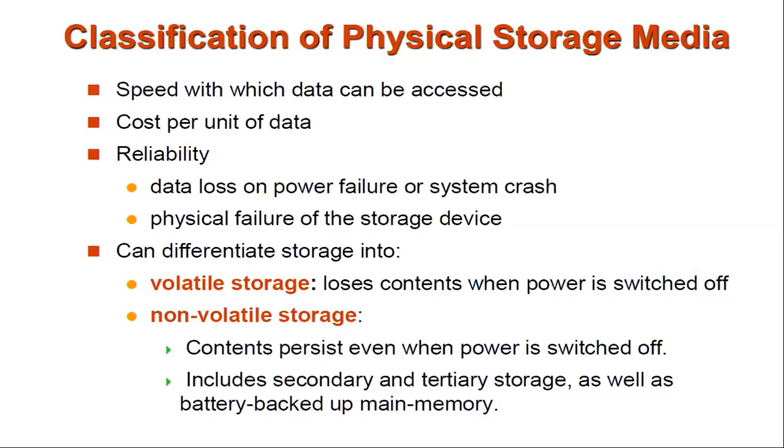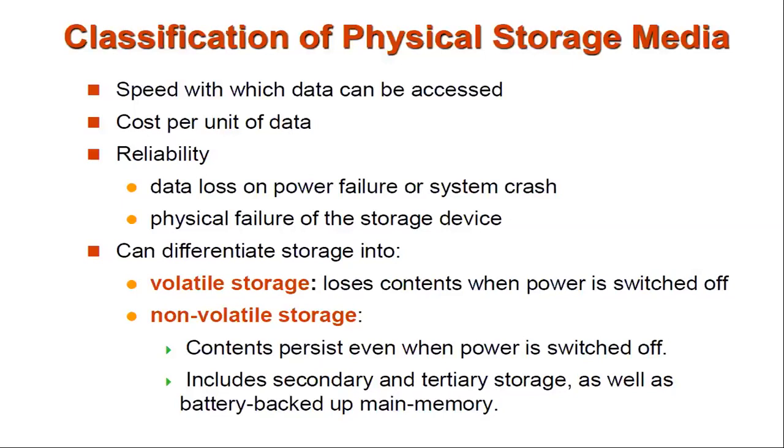Volatile means when the power is switched off, you are going to lose everything. All the data will be erased when your power is switched off. For example, if you shut down your system, then whatever content is available in the volatile storage will be erased.